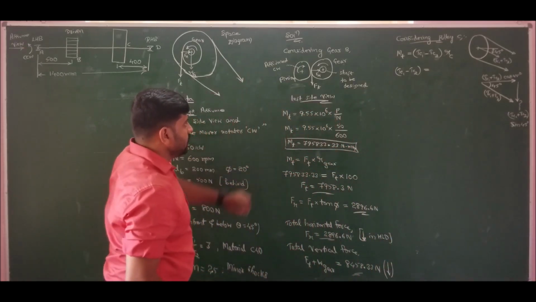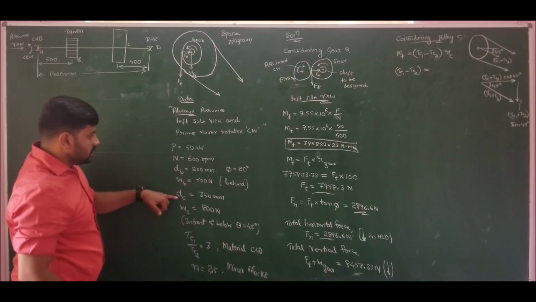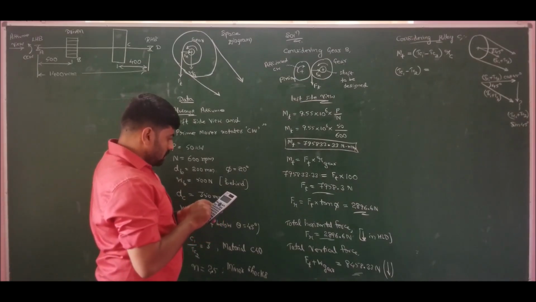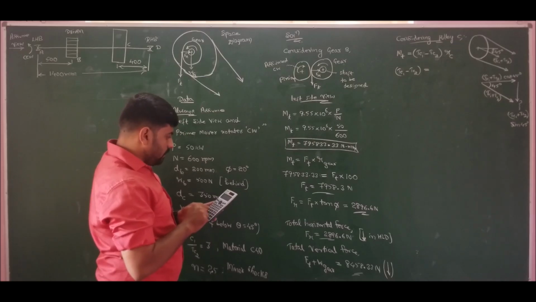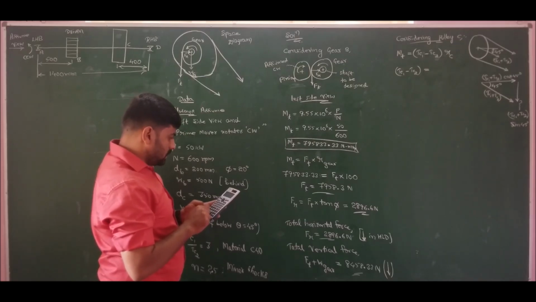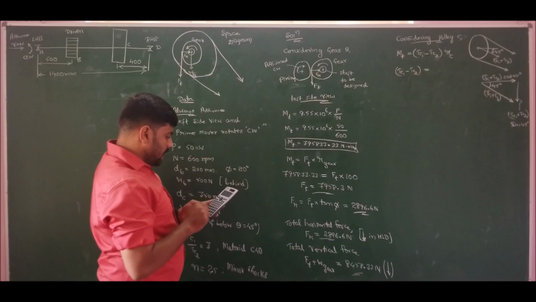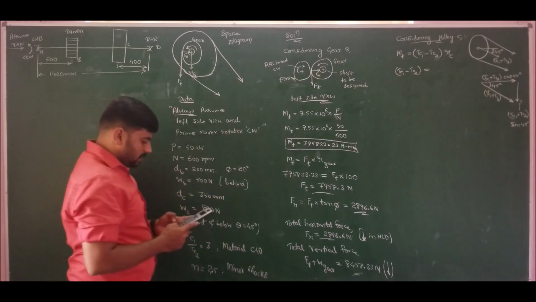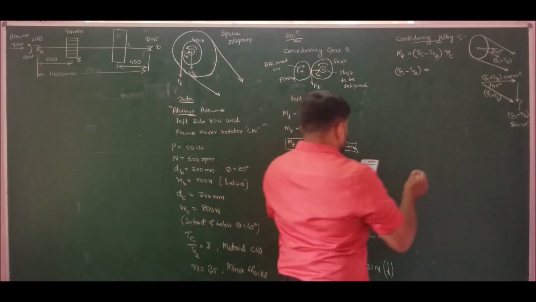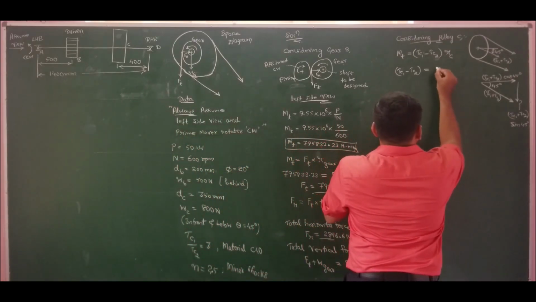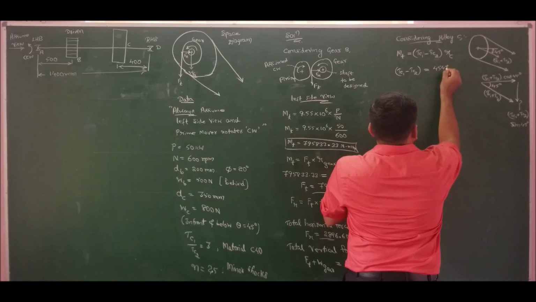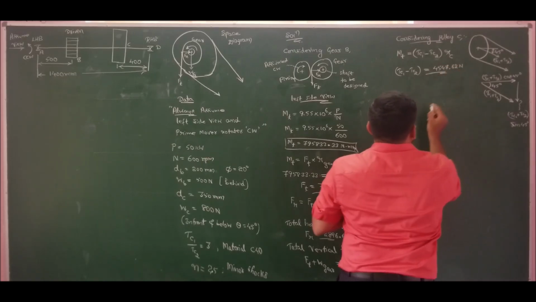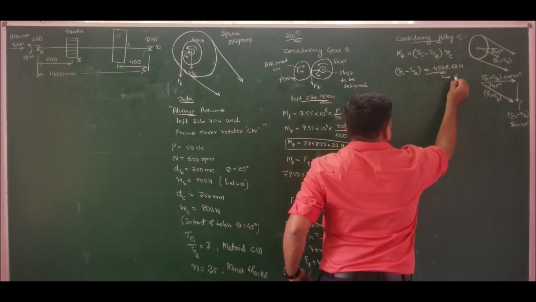We know the value of Mt and the radius is 350 by 2, because the diameter is 350. So equation 1 will become 795833.33 divided by 175, which is 4547.62 newtons. Let us take this as equation 1.